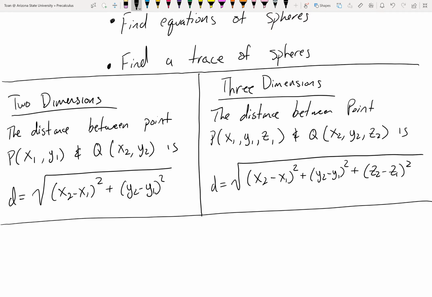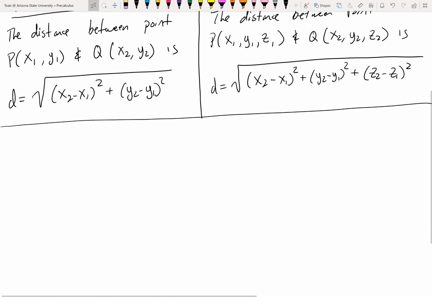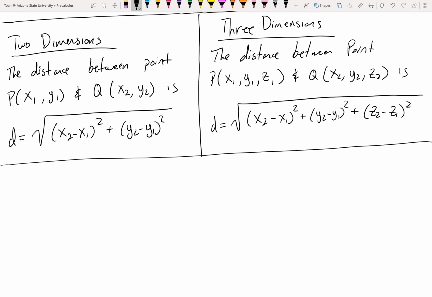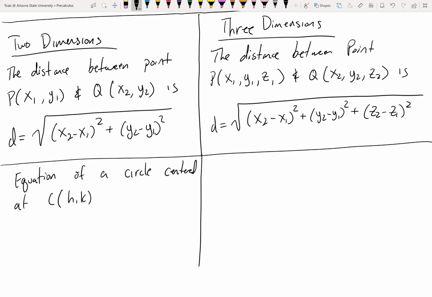There are other facts that we should know in 2 dimensions, such as the equation of a circle. So in 2 dimensions, we know the equation of a circle centered at some center (h, k).